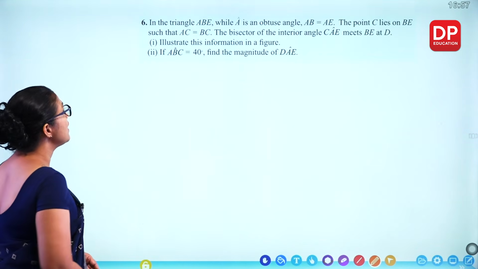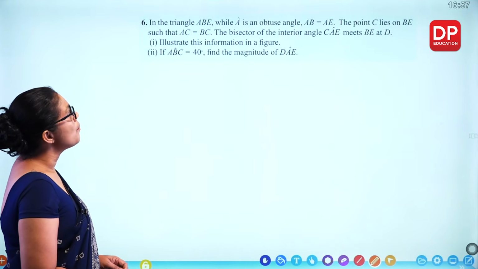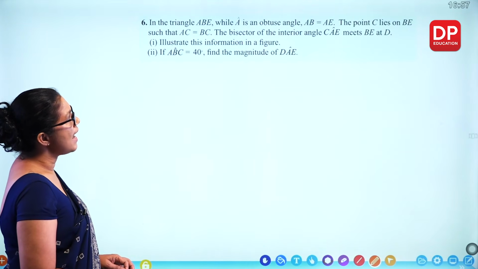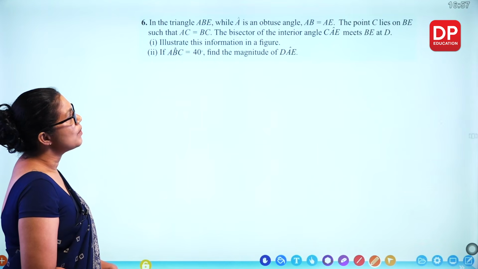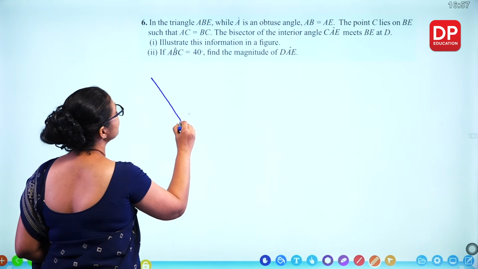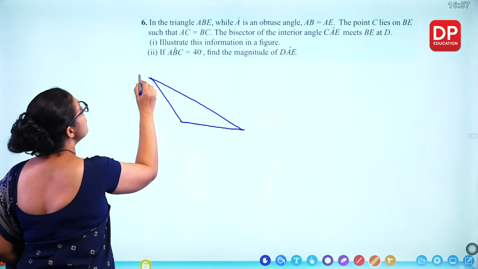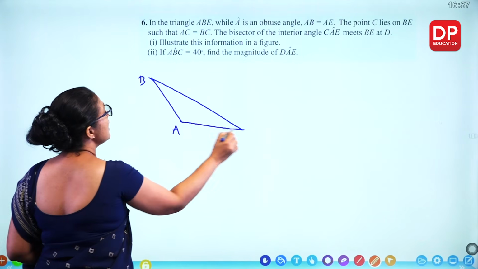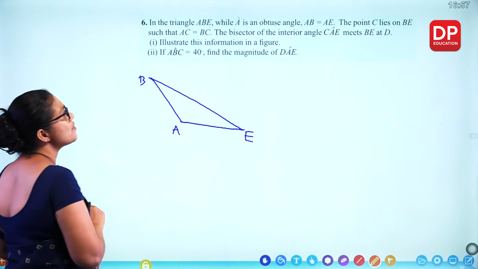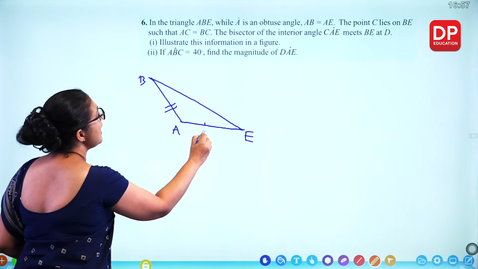Now we'll move to the sixth question. In the triangle ABE, where A is an obtuse angle, AB equals AE. So here there's a triangle BAE and A is an obtuse angle. It's given AB equals AE.